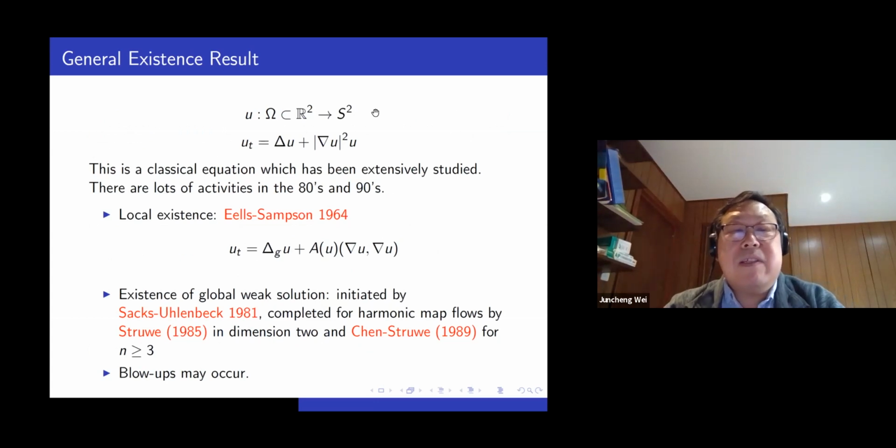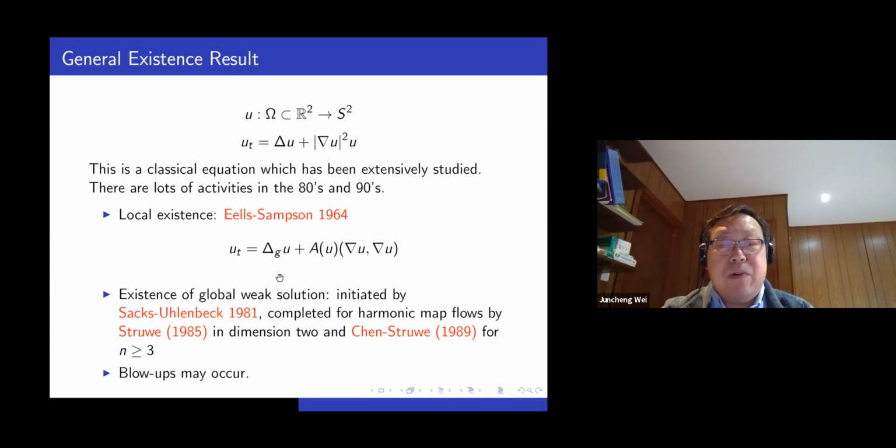So let me start with the Harmonic Map flow. There are many results. This is a classical equation, and it has been extensively studied. There were lots of activities in the 80s and the 90s. The local existence is by Eells and Sampson.